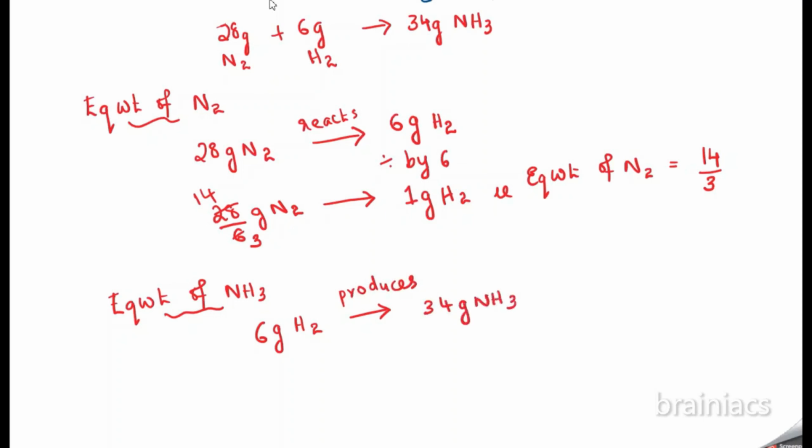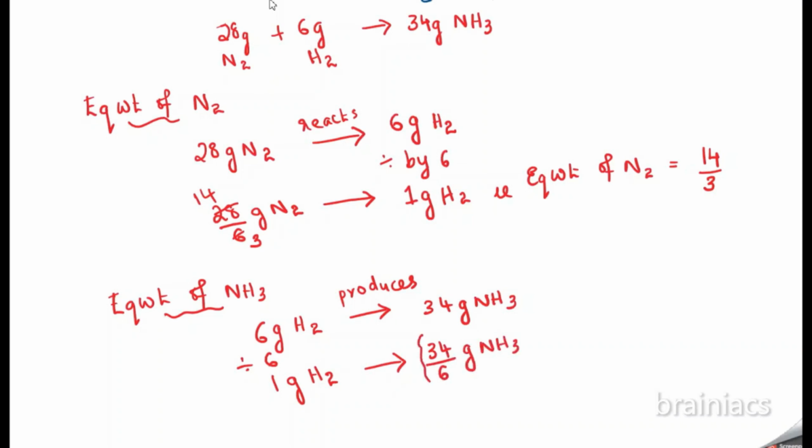But if you want to find the equivalent weight of ammonia, I need to know with 1 gram of hydrogen how much ammonia is reacting. So how to convert this to 1 gram? Divide by 6 on both sides, correct? So this will become 1 gram hydrogen, and what will happen to this one? 34 by 6 gram ammonia.